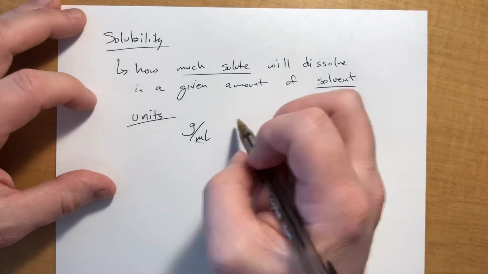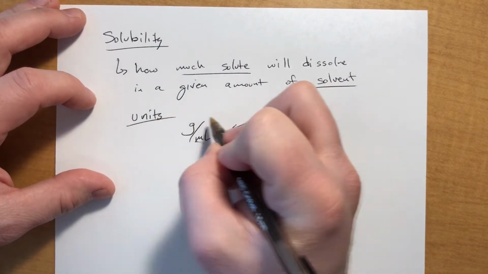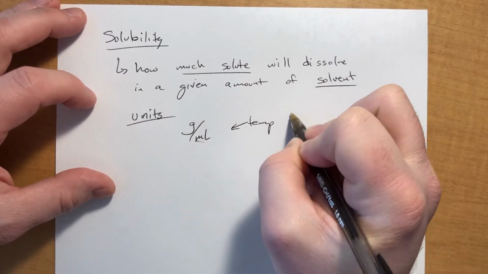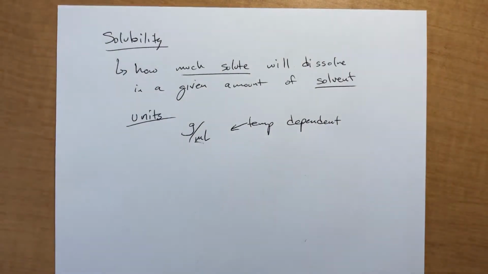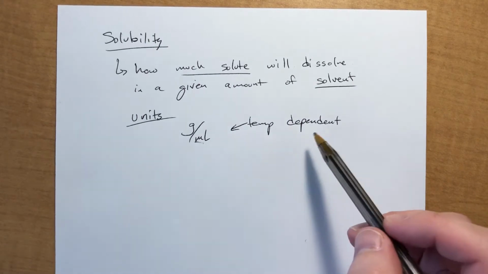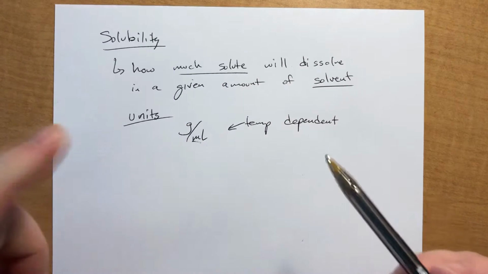The weird thing is that it is temperature dependent. We just talked about why: at higher temperatures, there's more energy to overcome the intermolecular forces, and you can dissolve more solute.